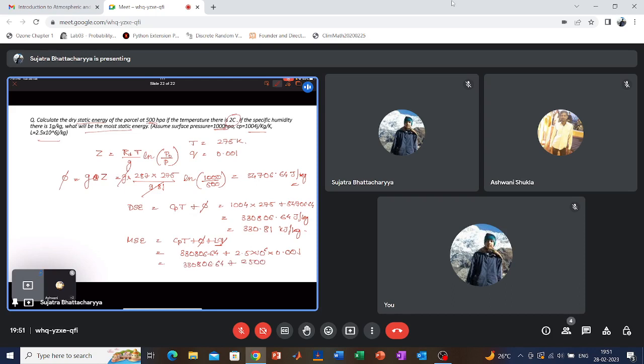You see, it's very small. So it comes out to be 333,306 joules per kg or 333.306 kilojoules per kg. So this is how the moist static energy and the dry static energy are calculated. So these are the energetics of the atmosphere.